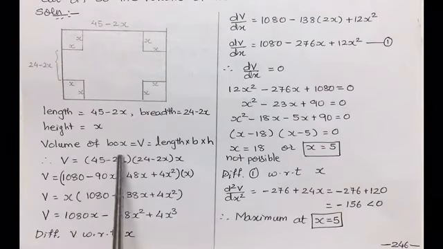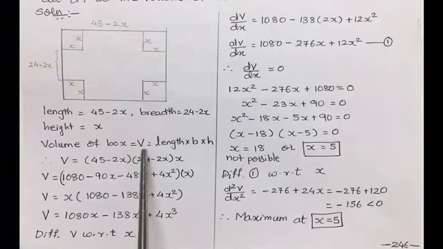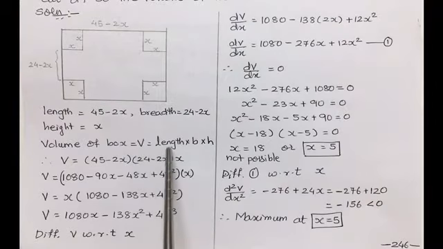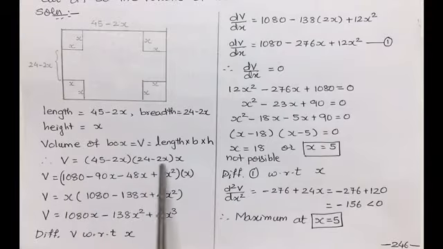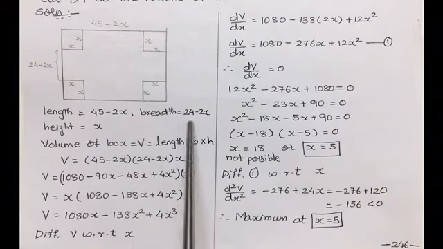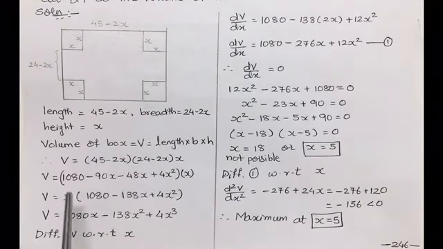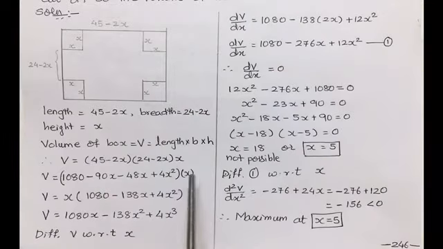Now the volume of the box is calculated as V equal to length into breadth into height. Keeping all the values of length, breadth and height and expanding the brackets, we get the final V as 1080x minus 138x square plus 4x cube.